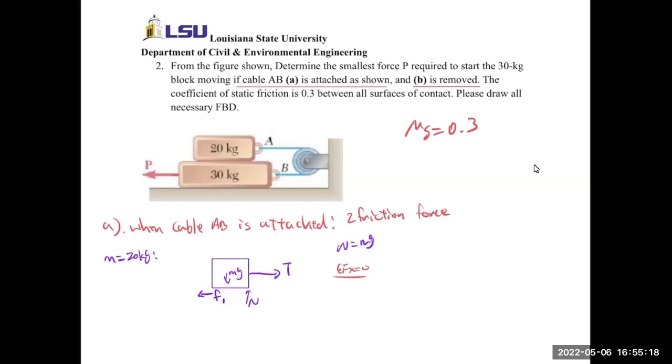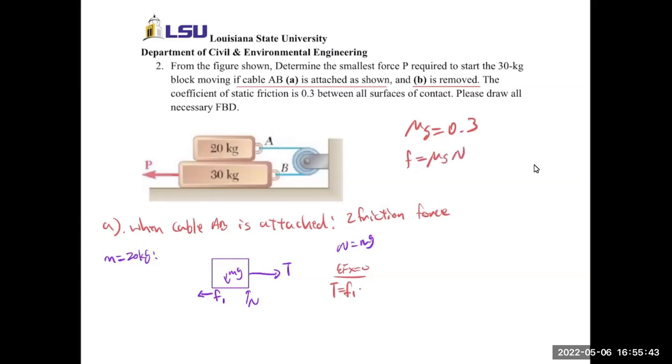Right now, let's do the summation of forces in the x direction. In the x direction, we know that T is equal to frictional force 1. And since for friction problems we always want to consider slipping first, then tipping, for slipping we assume that the frictional force is equal to mu s multiplied by the normal force.